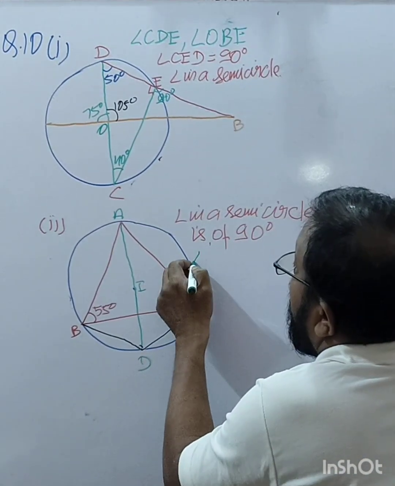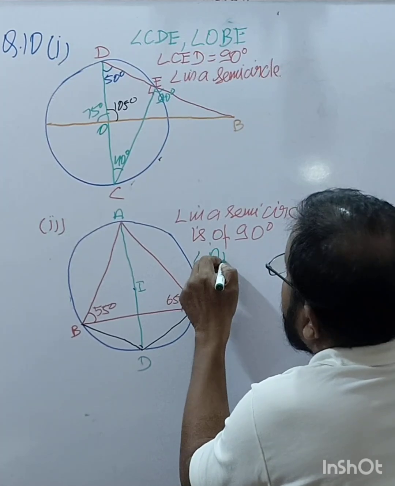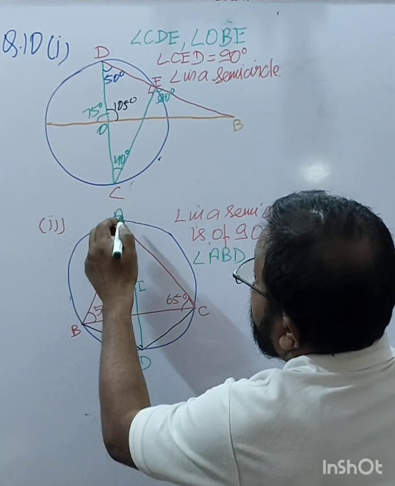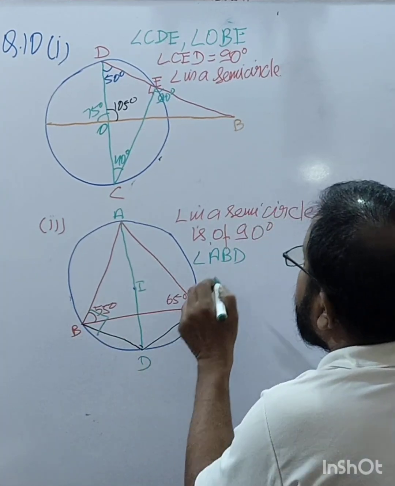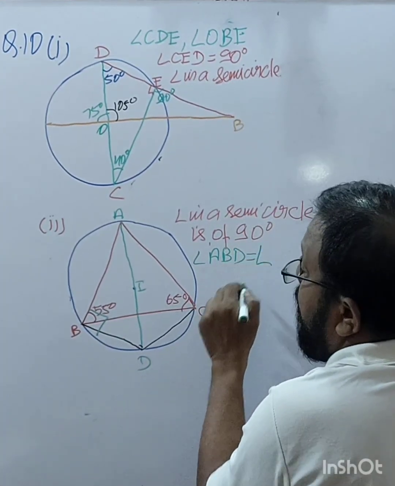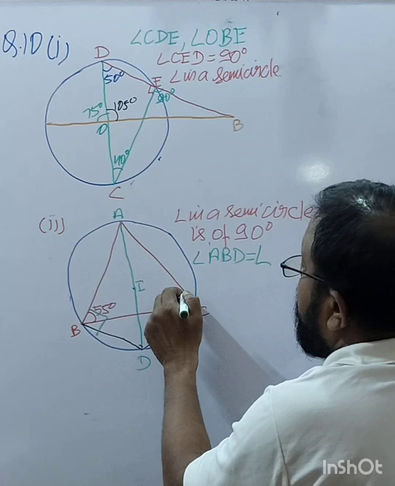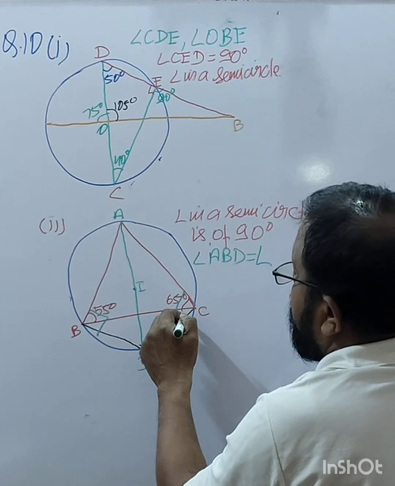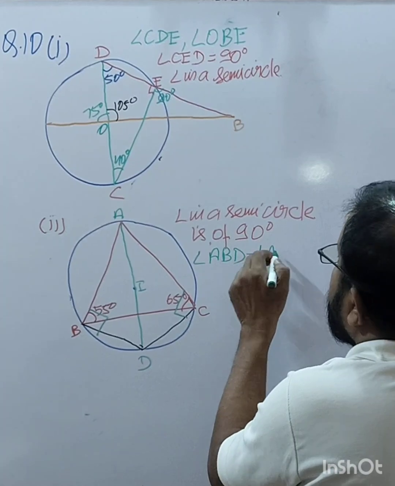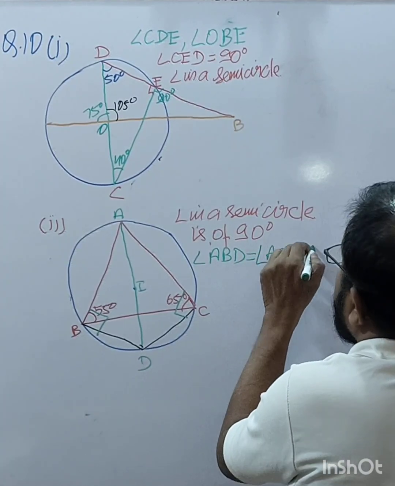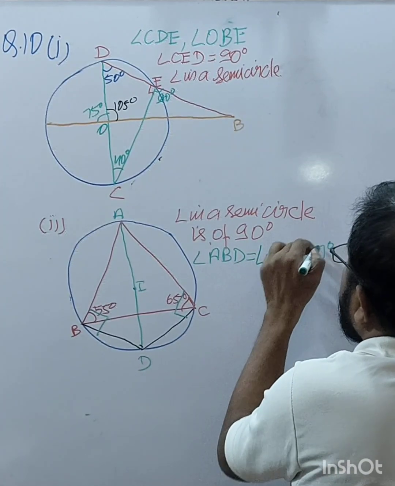So angle ABD, this angle, will be equal to angle ACD, which is of 90 degree.